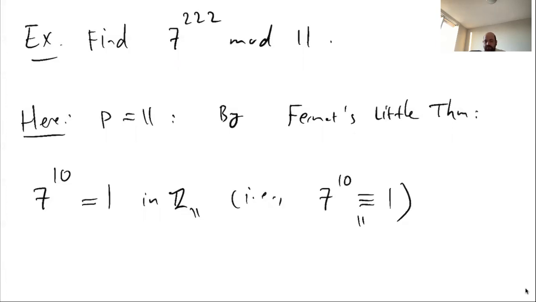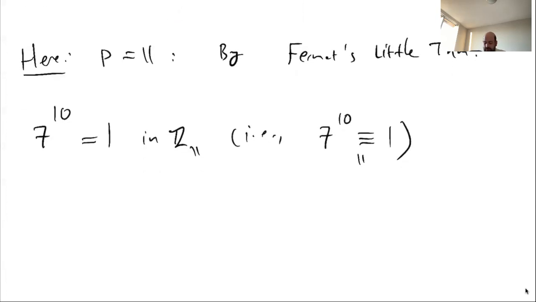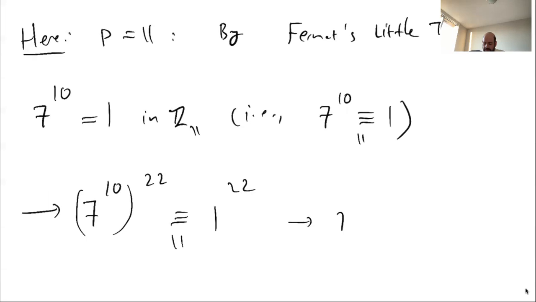So now what does this imply? This means that if I raise both sides to the power 22, 7 to the power 220 is congruent to 1 to the power 22 mod 11.